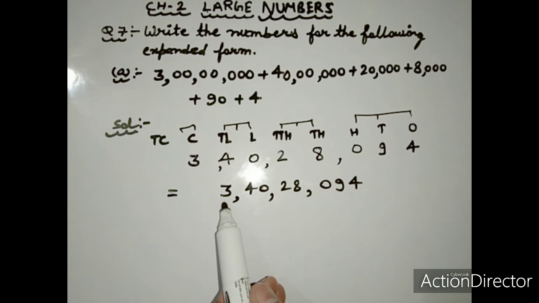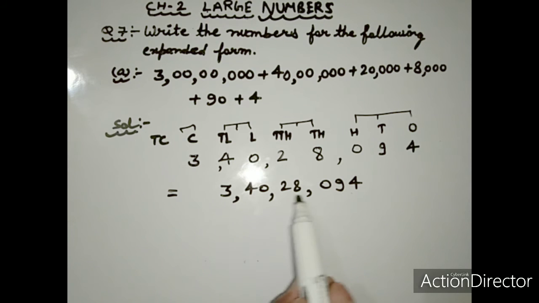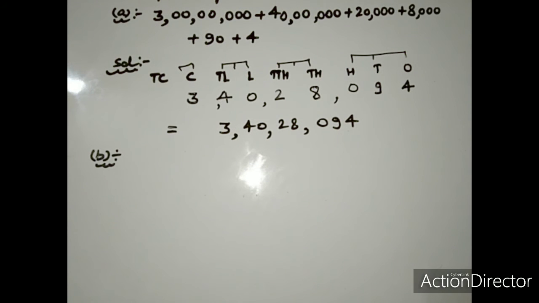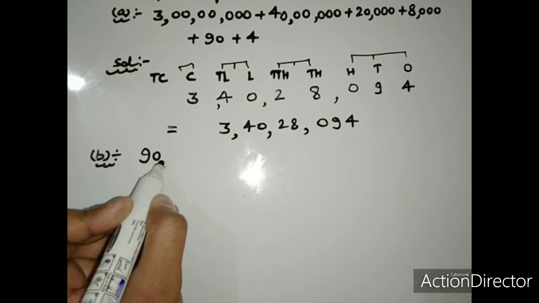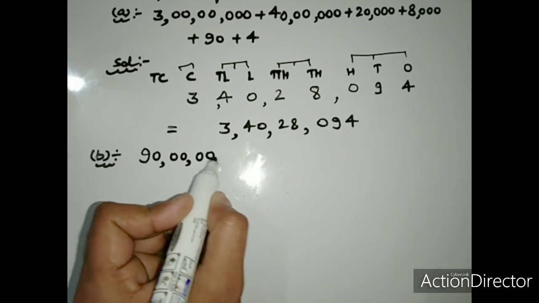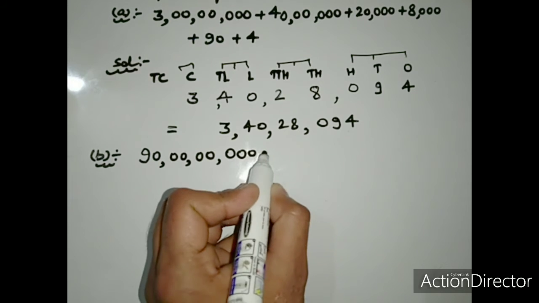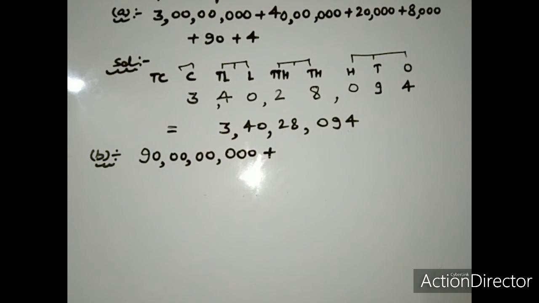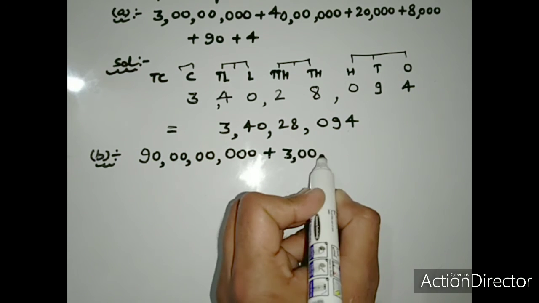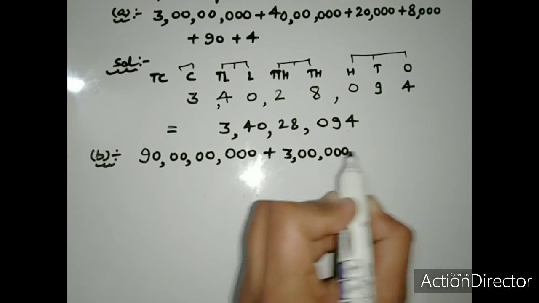So here we read this number as 3 crore 40 lakh 28,094. Now the second part of this question, 90,00,00,000 here. The next number 3,00,000.